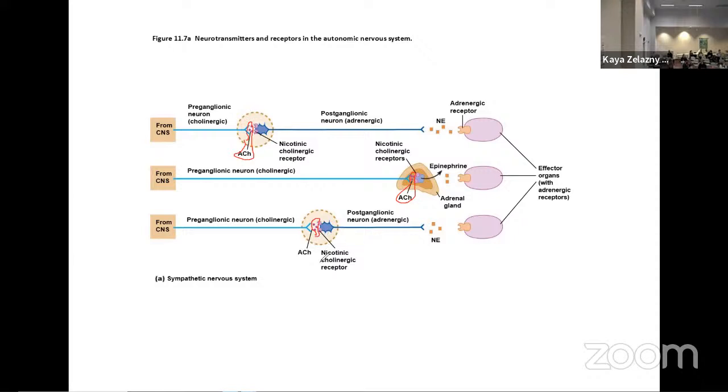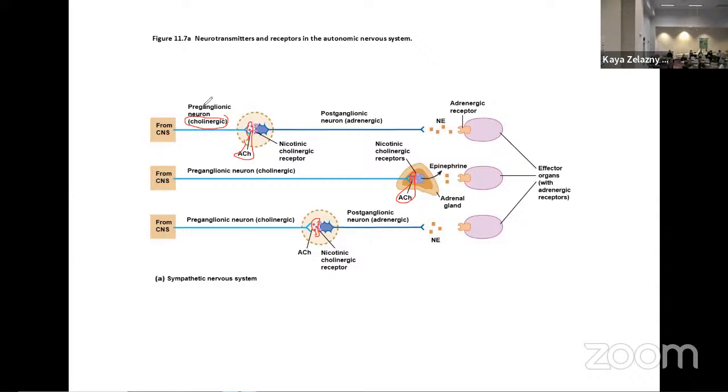So always acetylcholine here in the middle, which means that we would refer to these neurons as cholinergic. The ergic tells you that it's associated with acetylcholine. When we see adrenergic, that's going to tell you it's associated with adrenaline or noradrenaline, which is norepinephrine.